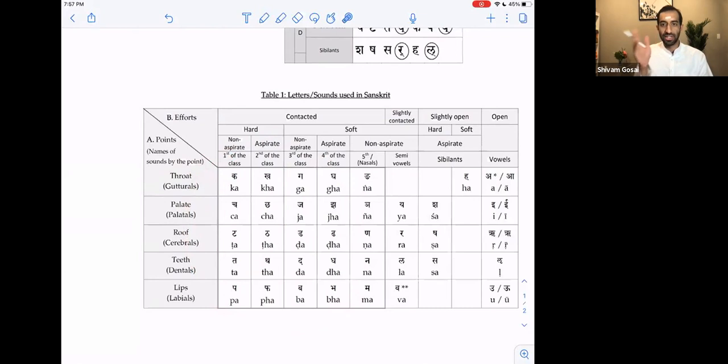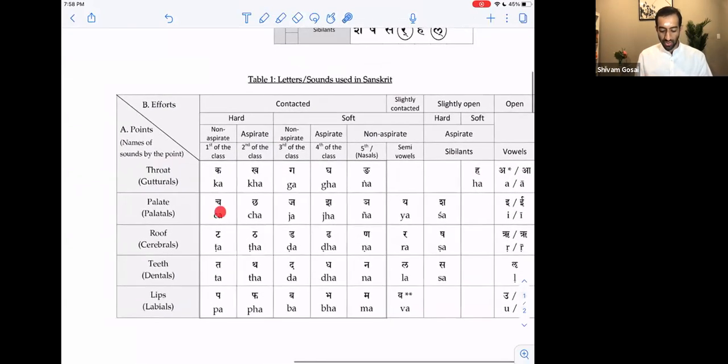How do you know what becomes what? Now it goes in order, right? If it's ka or kha, it's going to be ga. If ka or kha is at the end of a pada, then it's going to be replaced by whatever is in the third of the class, ga, because those are all in the same point in your throat. See how precise the language is. If you have cha or chha at the end of a word, then it's going to be replaced by ja.